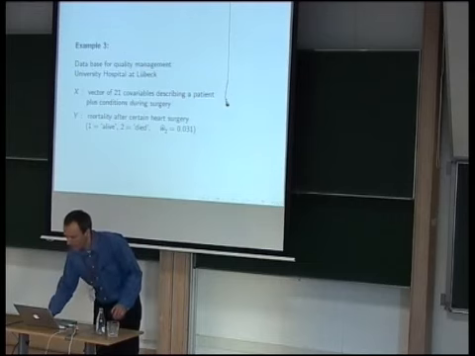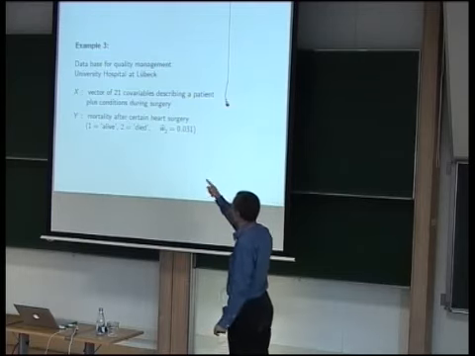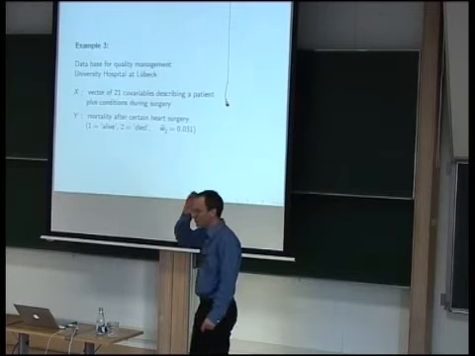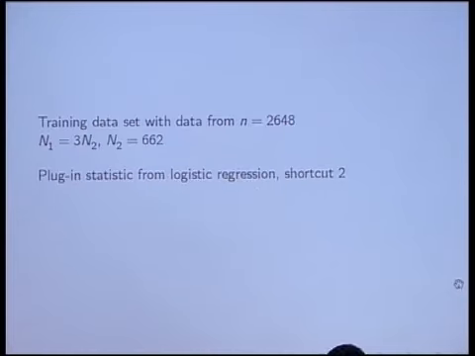Now the obvious question is, these 21 covariables are available right after the surgery, so can you predict mortality based on them? That would be useful for the hospital to decide whether certain patients should go immediately to an intensive care unit or to the usual unit.